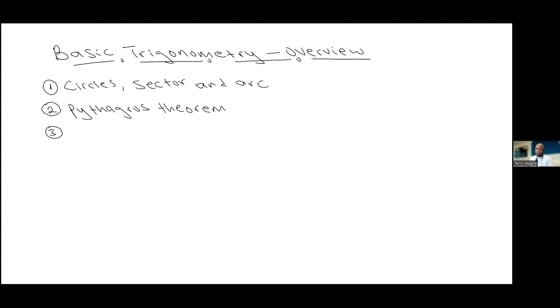Trigonometric ratios in a right angle triangle.